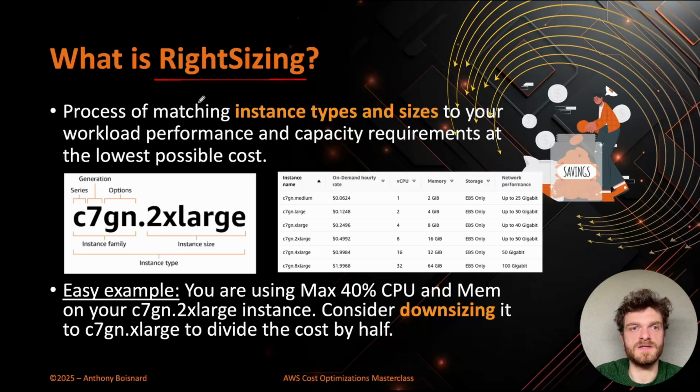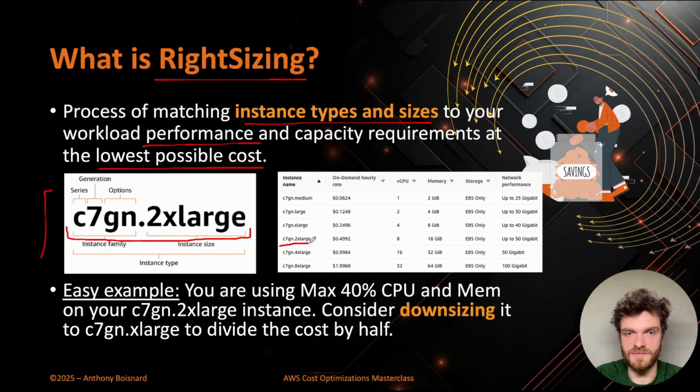Right sizing is a process of matching instance types and size to your workload performance and capacity requirements at the lowest possible cost. So you have here your instance type, which is C7GN.2xlarge, which is this one here, the price details.